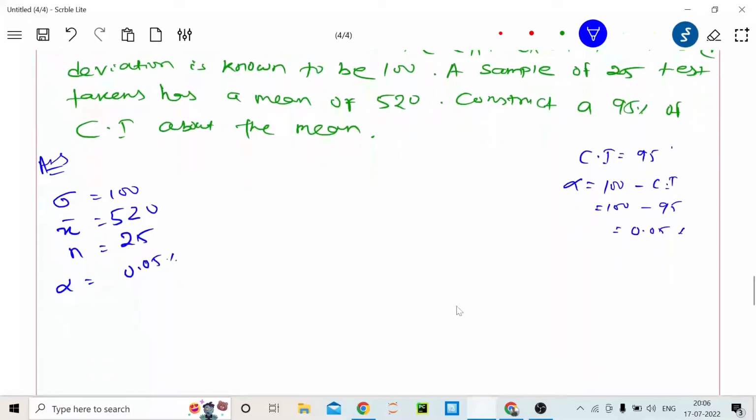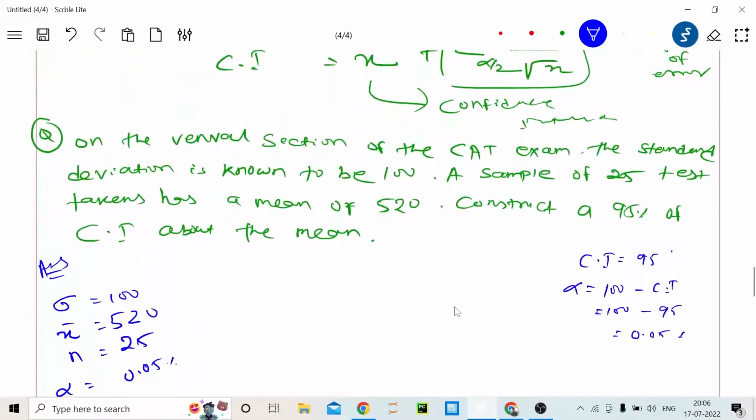The question says that on the verbal section of a CAT exam the standard deviation is known to be 100. There may be 100 or 1000 students who took the exam, but you collect the data from 25 students and got a mean of 520. Then you construct the confidence interval with 95% confidence.